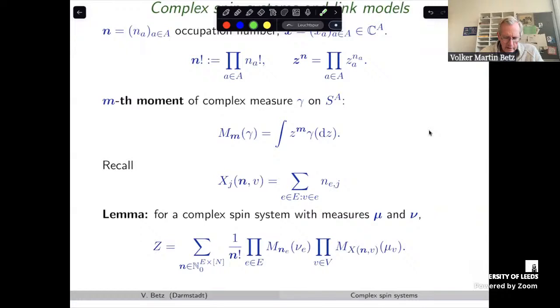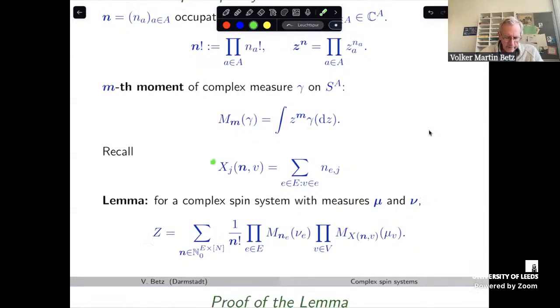So it's a full occupation number: z_1 to the m_1, z_2 to the m_2, and so on and so forth. And then I integrate with respect to this. Here I recall that this is just the number of edges of color j that are adjacent to vertex v for the occupation number n.